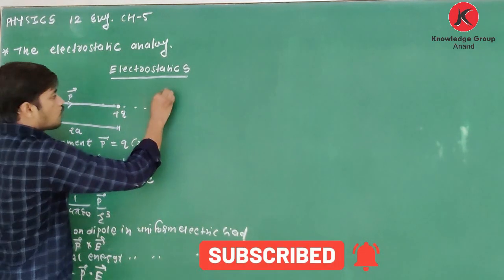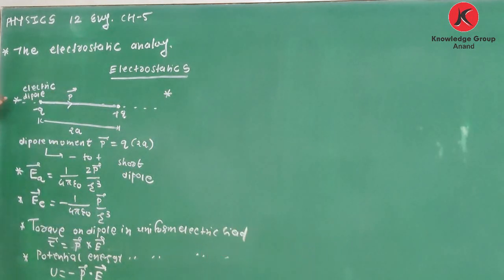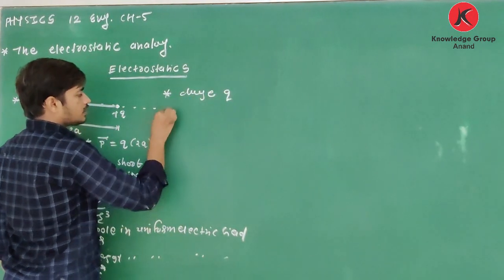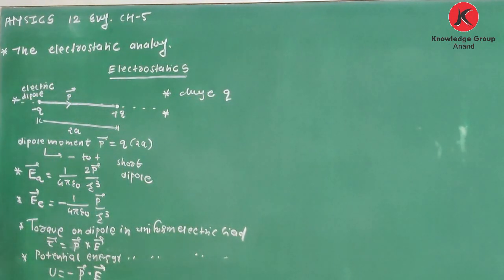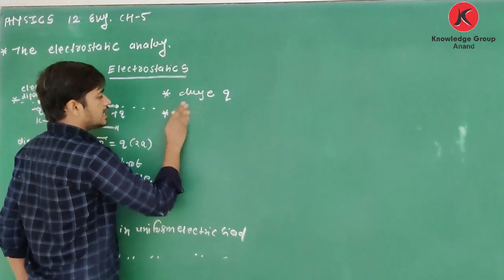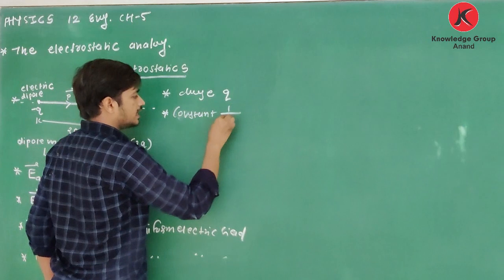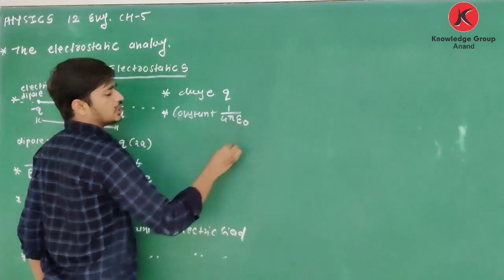Also here, the fundamental quantity of an electric dipole is charge, as it has two charges, minus Q and plus Q. What is the constant in each and every equation? It is 1 upon 4 pi epsilon 0.